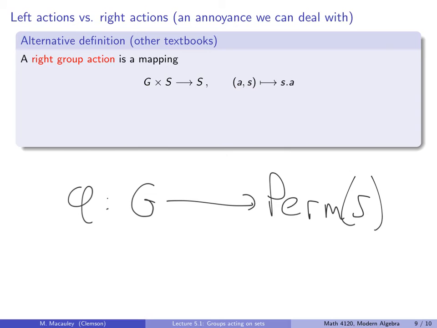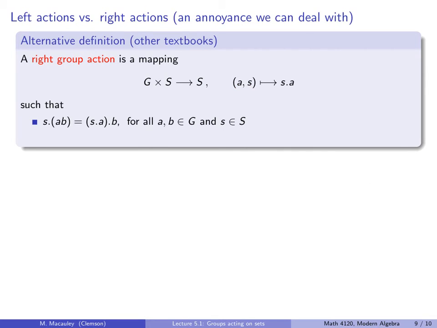Now you have to have a few basic requirements. You need S dot AB to be equal to S dot A dot B for all group elements A and B and all set elements S. And finally, you need the simple requirement that S dot E equals S. In other words, the identity group element has to fix everything in your set.